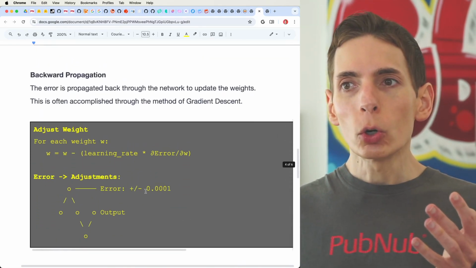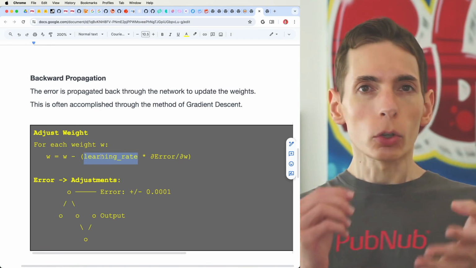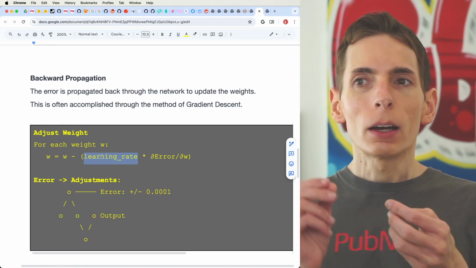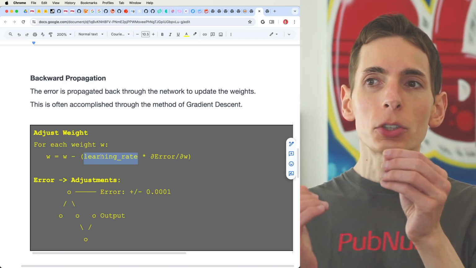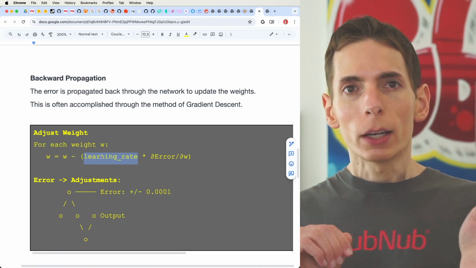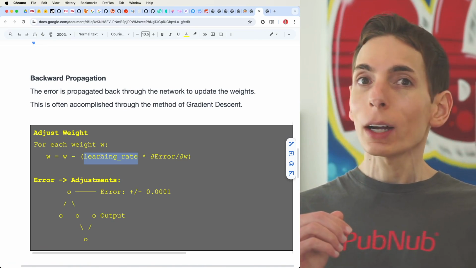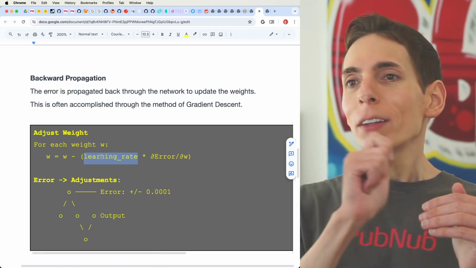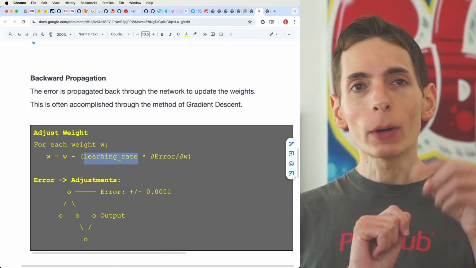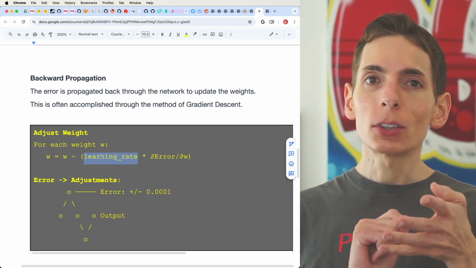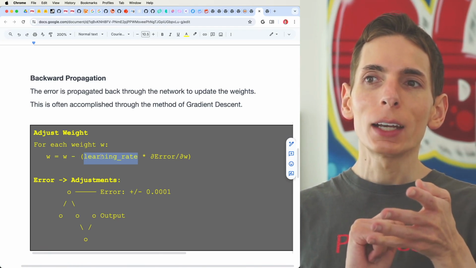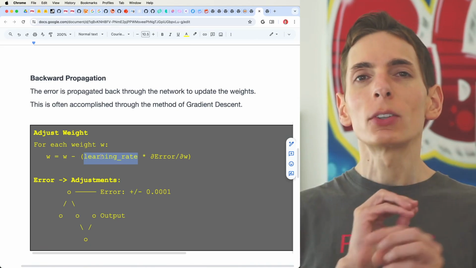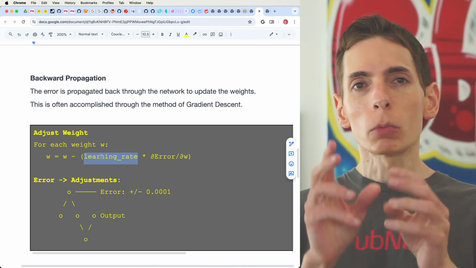Now, you could ignore the idea of learning rate, which is just applying a fraction of the error to the weights. So instead of fully correcting the model so that it immediately gets the answer correct with just one set of adjustments, we won't do that, because what we want instead is to slightly adjust each of the weights in the model. Each neuron will get slightly adjusted.